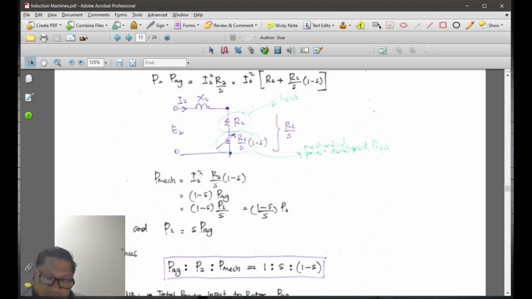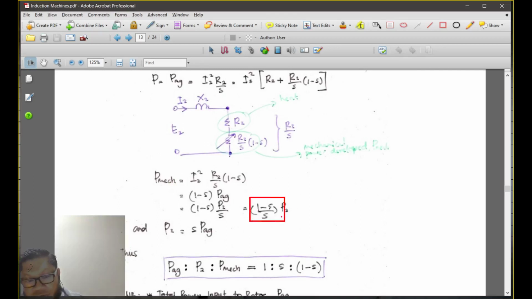So Pmax equals to I2 squared times R2 (1 minus S) over S. Multiplying by I squared will give you Pmax. Then you can manipulate to get Pmax is (1 minus S) times P2. Therefore, P2 equals to S times PAG, the air gap power.